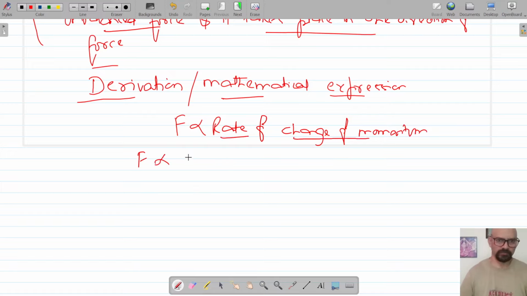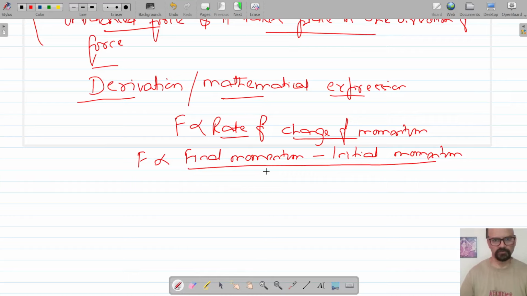Change in momentum is given by the final momentum minus the initial momentum, and rate means it has to be divided by the time.